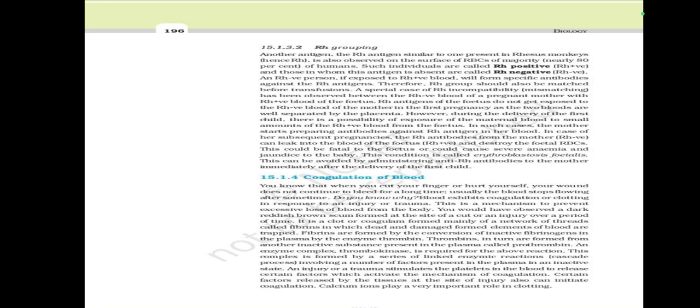This is a mechanism to prevent excessive loss of blood from the body. You would have observed a dark reddish brown scum formed at the site of a cut or an injury over a period of time.